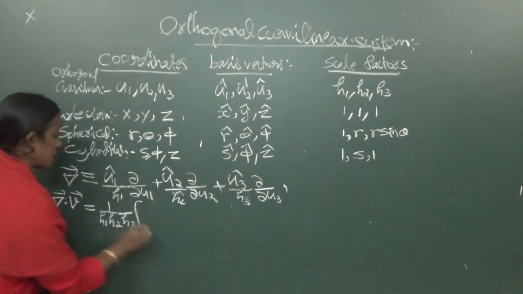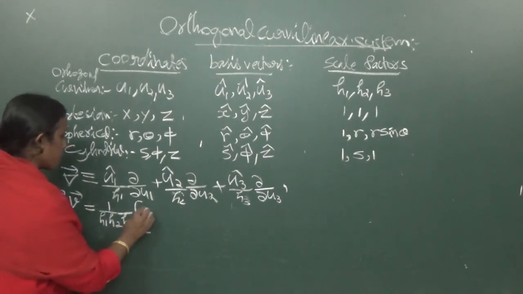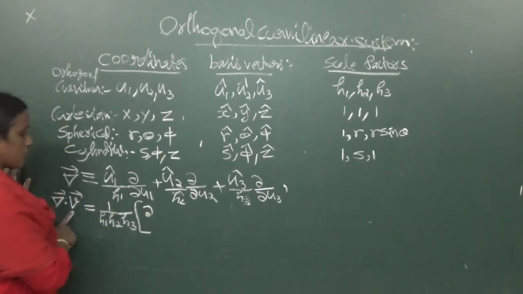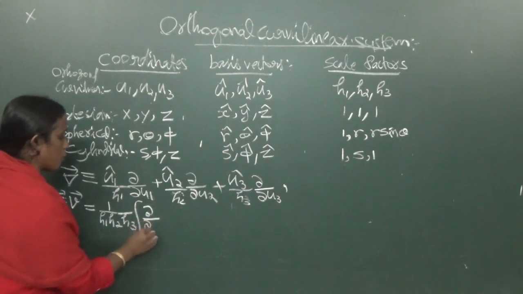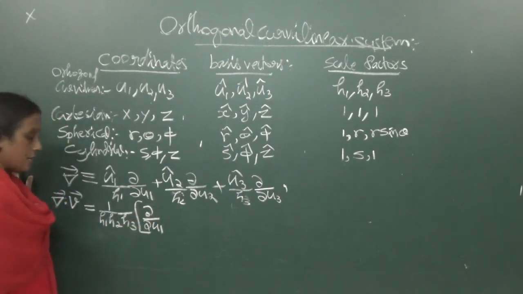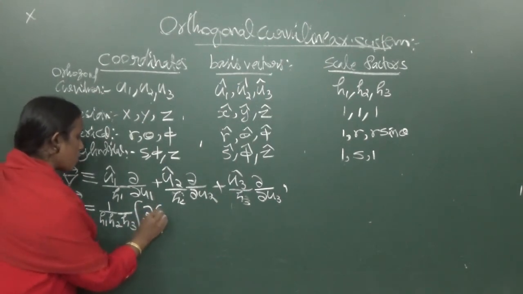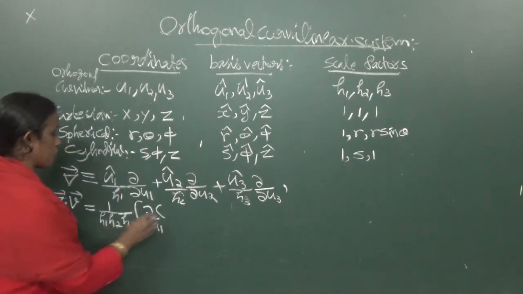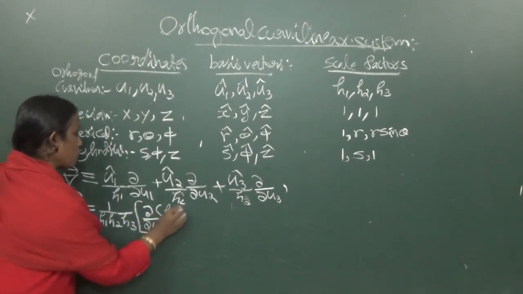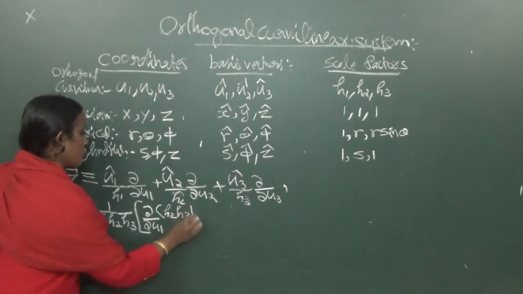Inside this, first the divergence goes over dou by dou u1, inside this you have the scale factors h2, h3, v1.